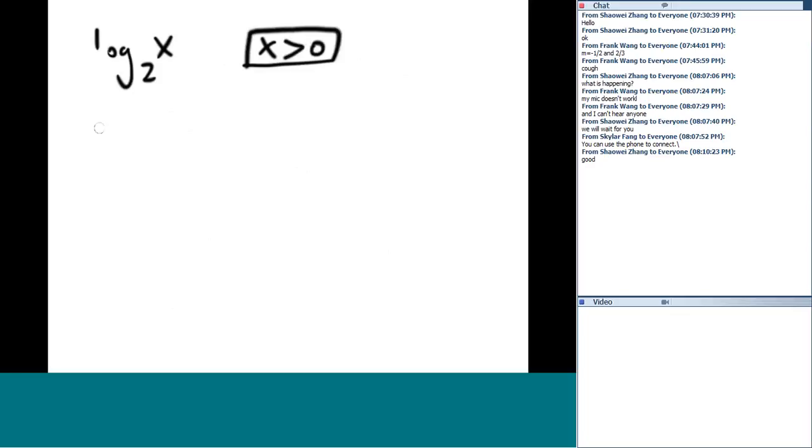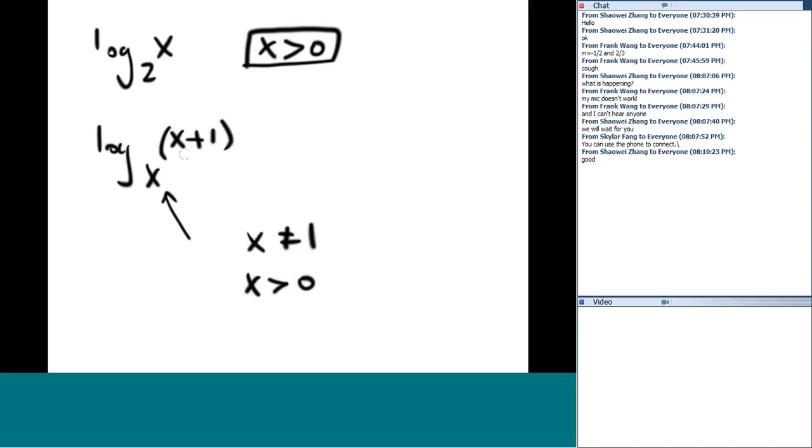But if you have log base x of x plus 1, what is the domain of this one? The base cannot be 1, so x cannot be 1. But the base also has to be greater than 0, and x plus 1 also has to be greater than 0.